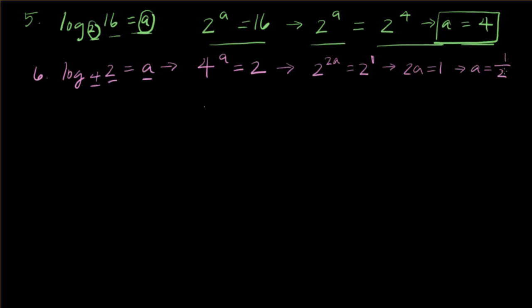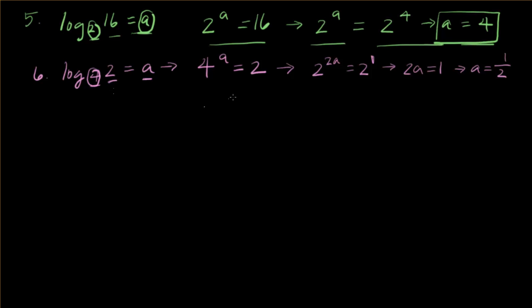Right? Let's go ahead and do that in our head. Okay, so what do we need to raise the 4 to? What do we need to raise the 4 by to get 2? Square root of 4 is 2. So if we raise it to the square root, what's the square root? 1/2.